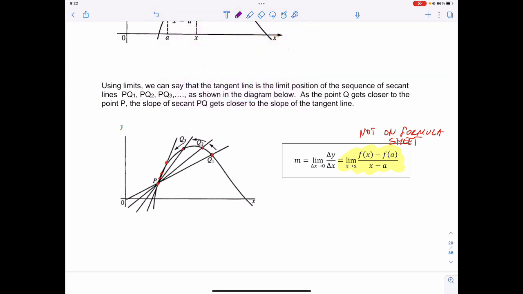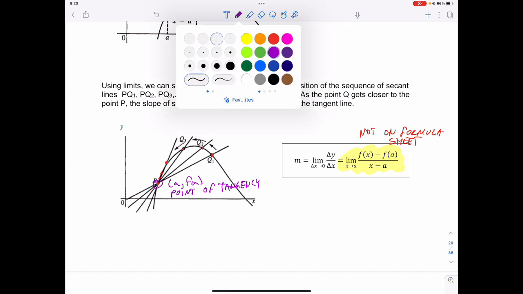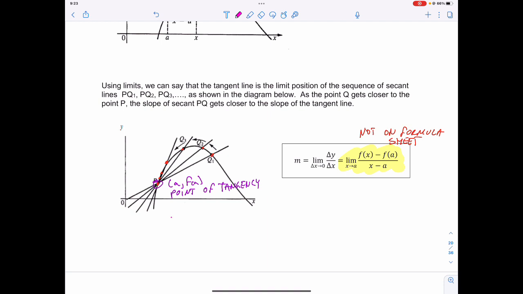We can see here on our graph that the point P is going to be a, f of a, or the point of tangency. And we also need to remember that at that point of tangency, x is equal to a.